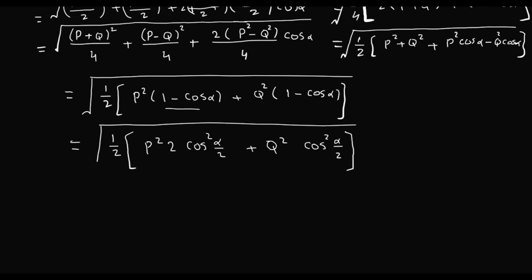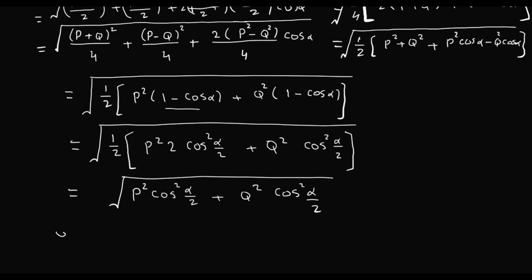Remember that it is 2 cos square. After taking 2 common, one thing was missing: I should write 2 cos square for Q square as well. So 2 is common, 2 will cancel out with the 2, and we get the final result: P square cos square alpha by 2 plus Q square cos square alpha by 2.